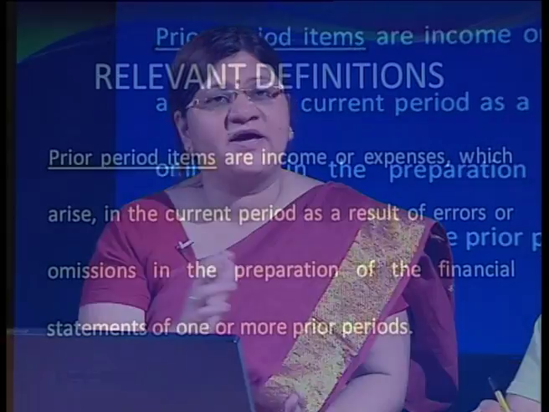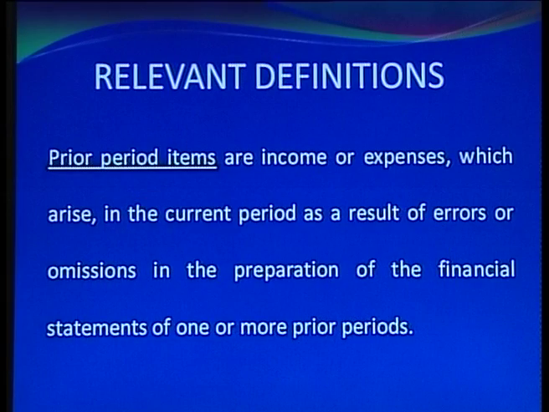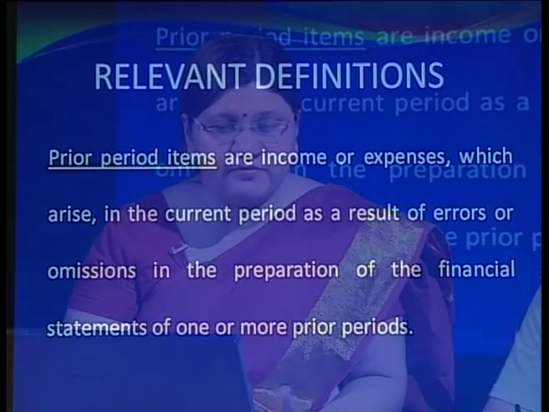Similarly, there are prior period items. Prior period items are defined under AS 5 as incomes or expenses which arise in the current period, but they have resulted from errors or omissions in the preparation of financial statements of one or more prior periods. What do we mean by it? For example, there were certain salaries which were outstanding for the last year.